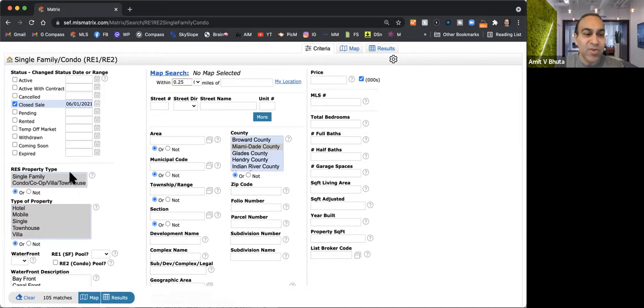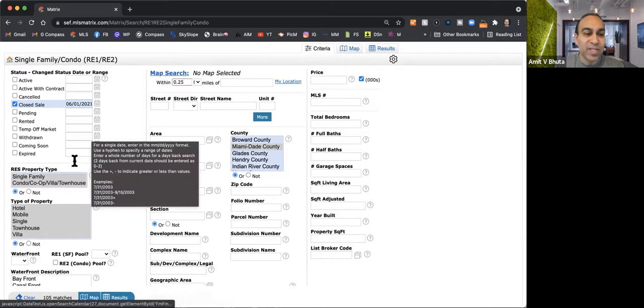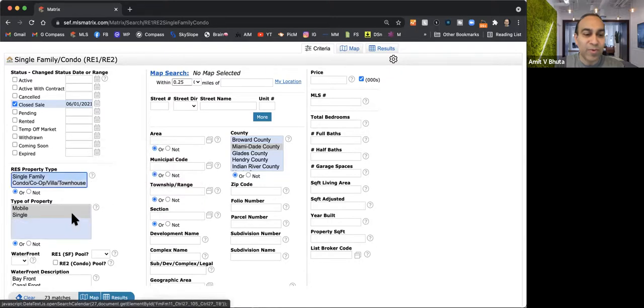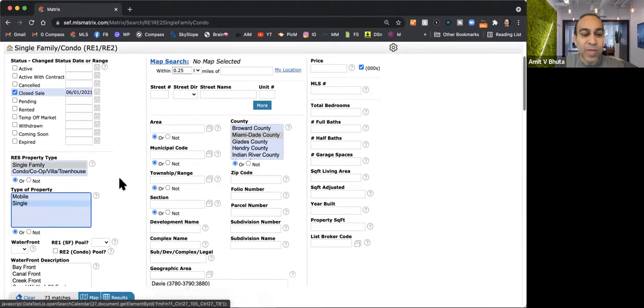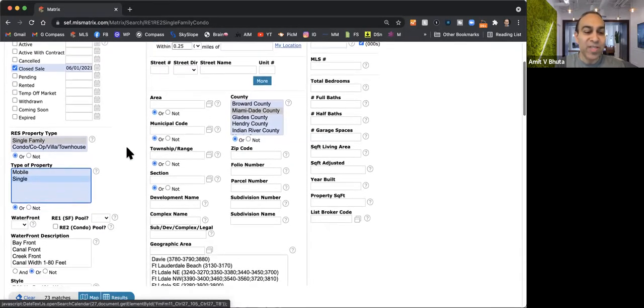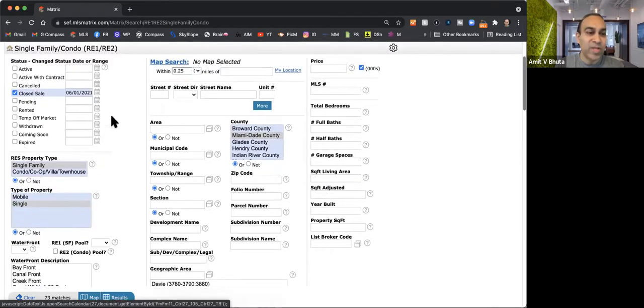So let's break that down to single families. So let's go from this year. So this year so far, we have 73 homes sold in the first 23 days of June, single family homes. Let's go to last year. And let's change this.